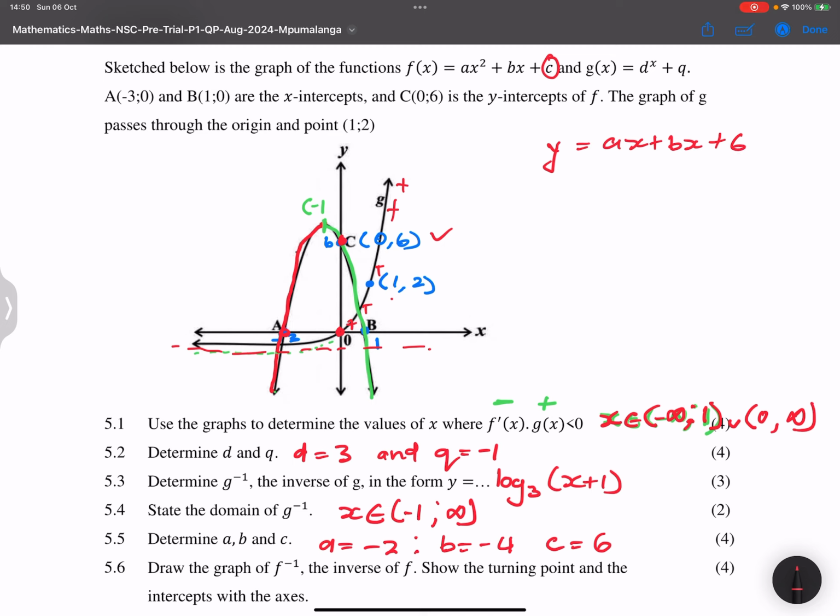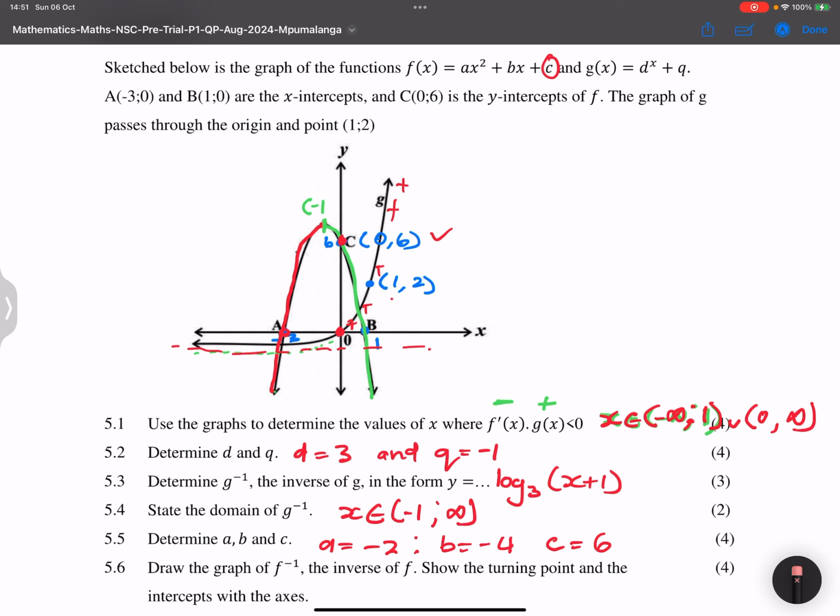And you can substitute the values. Firstly, when x is -3, y is 0, so that's 0 equals A times 3 squared plus b times 3 plus 6. So you can do that and solve for A and B simultaneously.